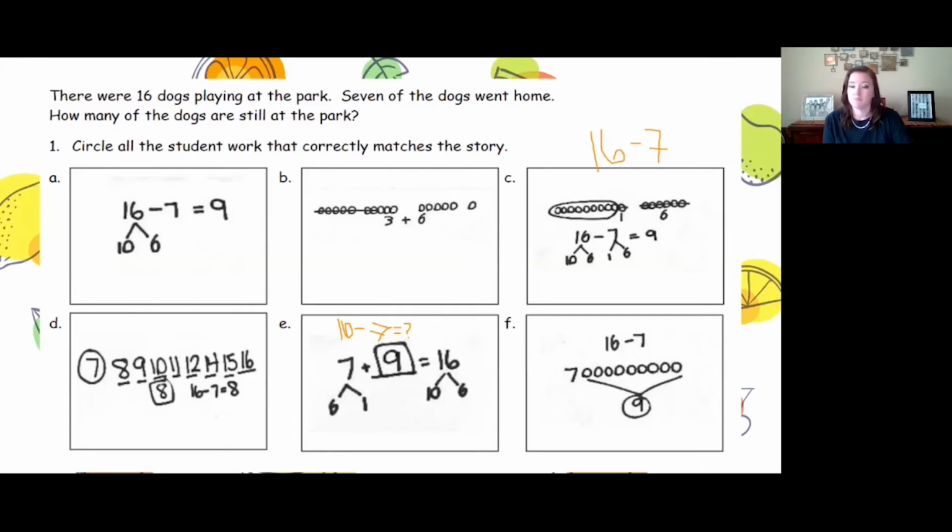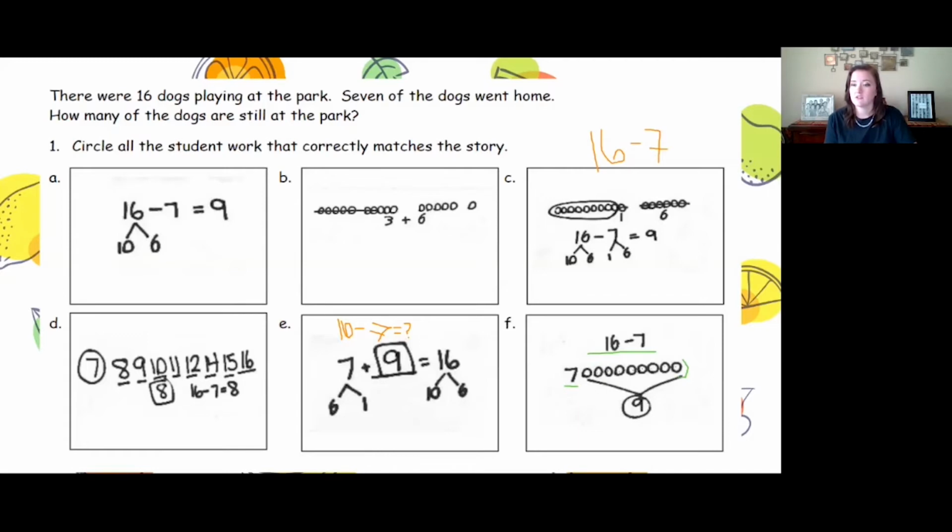So plain and simple, they got their equation down. Let's see. So I see that they wrote a 7 right here. But I don't see a 16 over here. So let's count how many circles there are. We started with 7, so let's count up. 8, 9, 10, 11, 12, 13, 14, 15, 16.